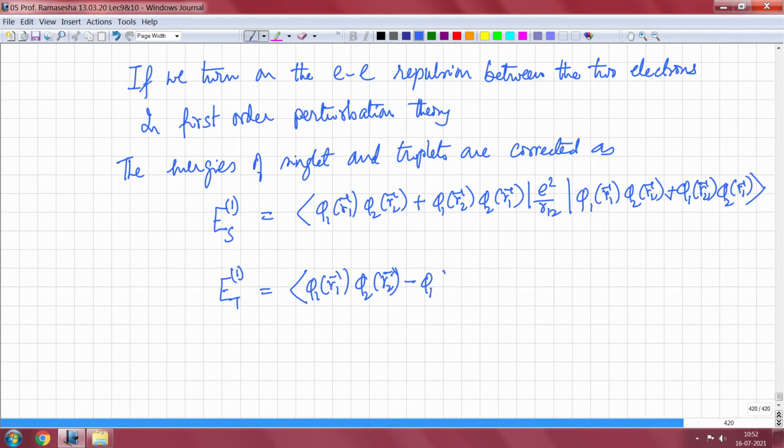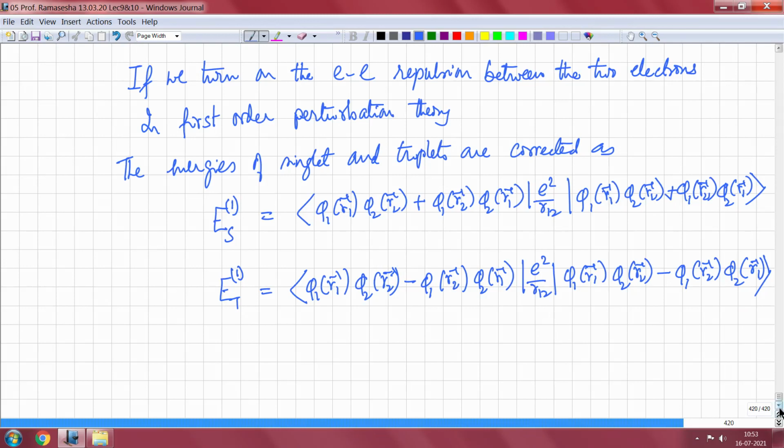Minus of phi1 r2 phi2 r1, e squared upon r12, the same thing, phi1 r1 phi2 r2 minus of phi1 r2 phi2 r1. So this is for the triplet.